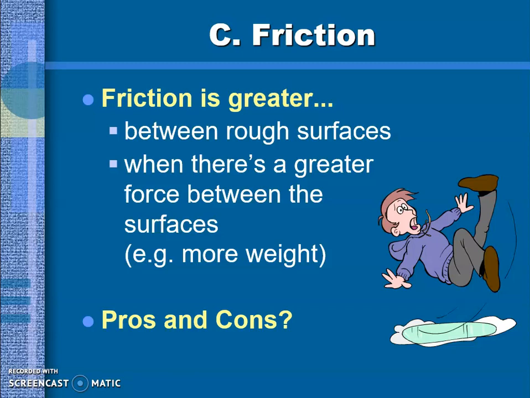We take advantage of the fact that ice has very low friction. And then we have special skates that we use to skate on the ice that have very small surface area. They're very smooth metal to create even faster speeds, even less friction. See if you can think of some more examples like this.